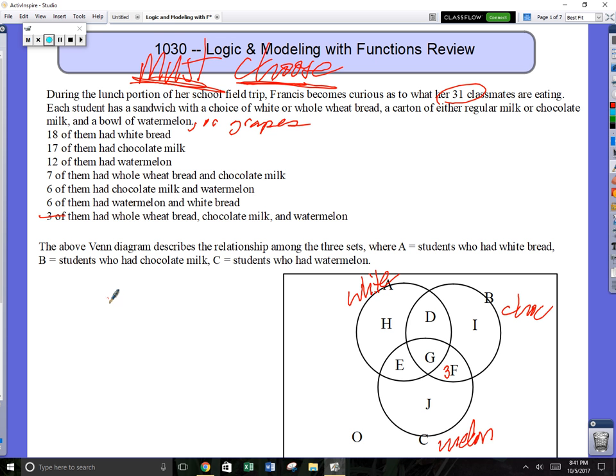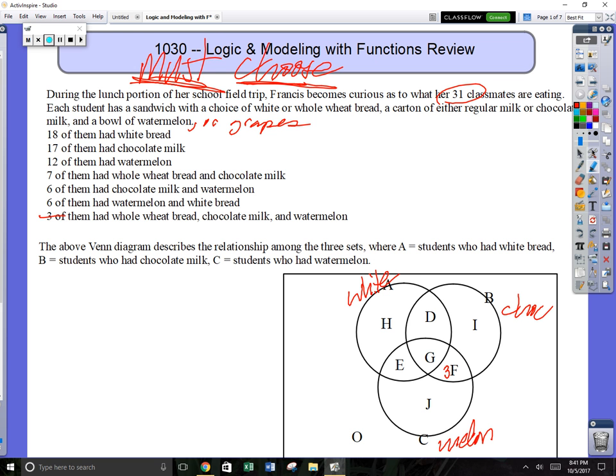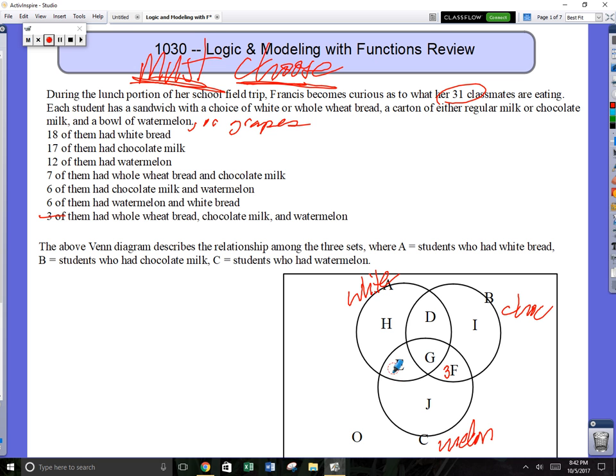Okay, 6 of them had melon and white bread. So melon and white bread, where they overlap is anywhere in E or G. We don't really know where to put them, so we're just going to put them on the fence for now.